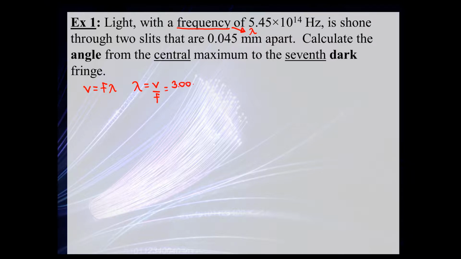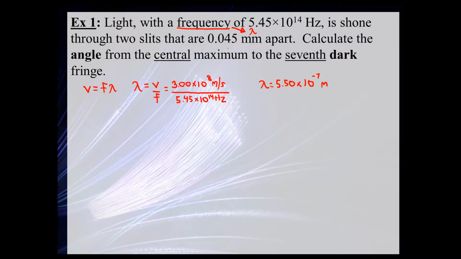So you have 3.00 times 10 to the 8 meters per second, divided by this frequency, which is 5.45 times 10 to the 14 hertz. And then lambda would be equal to, let's do 3 significant digits, just because my final answer is going to eventually reduce to 2, 5.50 times 10 to the negative 7 meters.